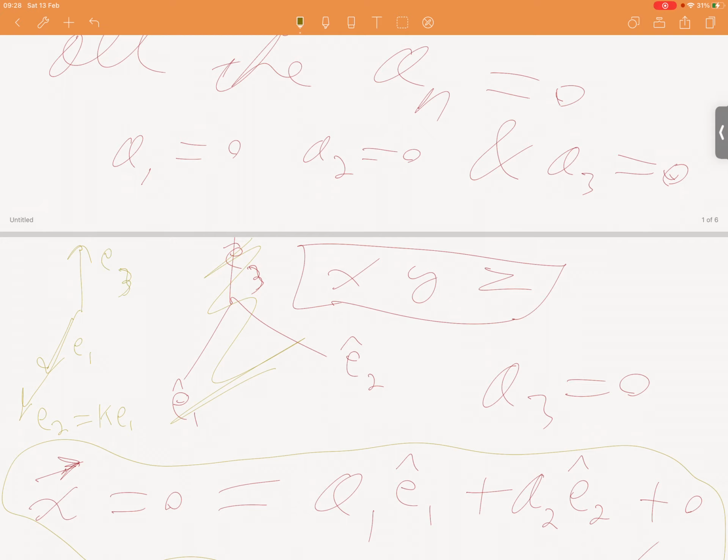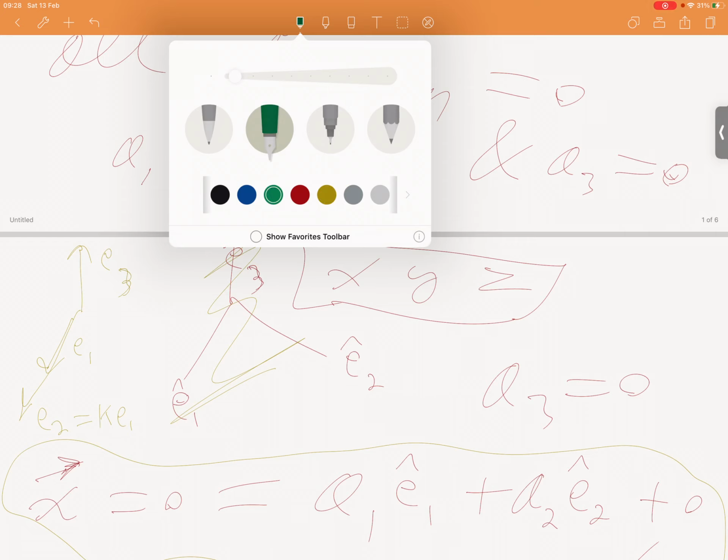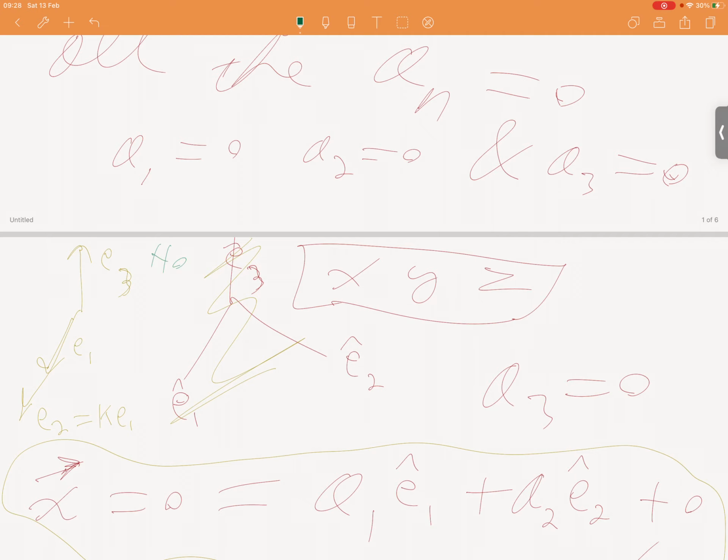Now my question is, how many dimensions? Only 2. Look, we only have 2 directions to represent. You don't have a 3-dimensional vector space.